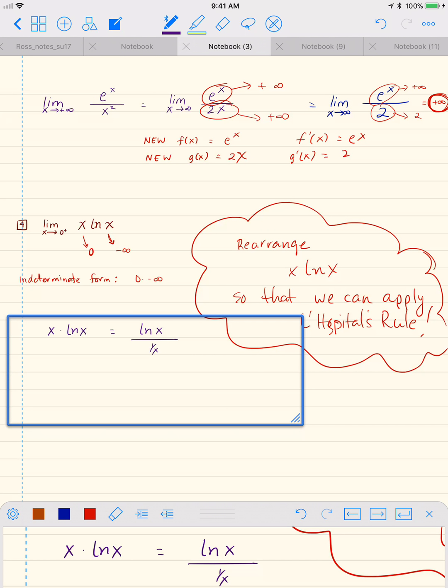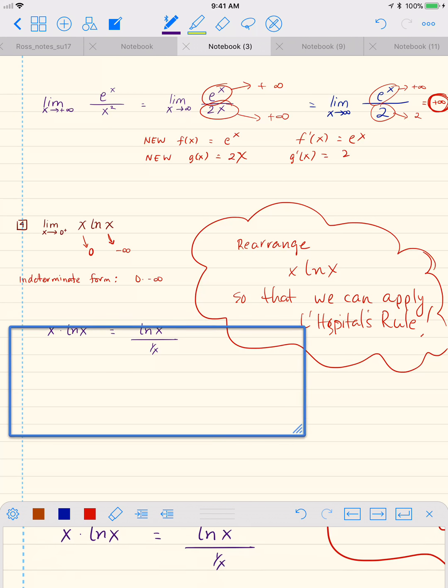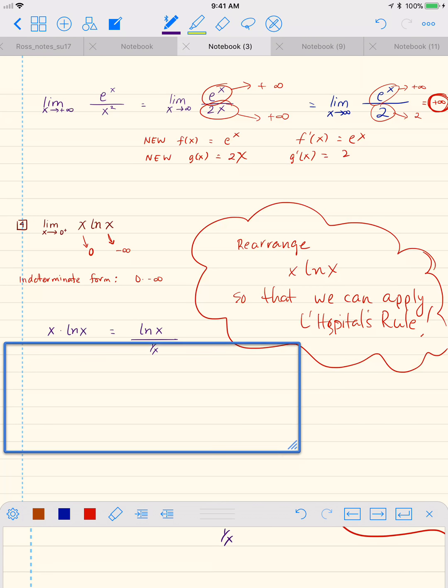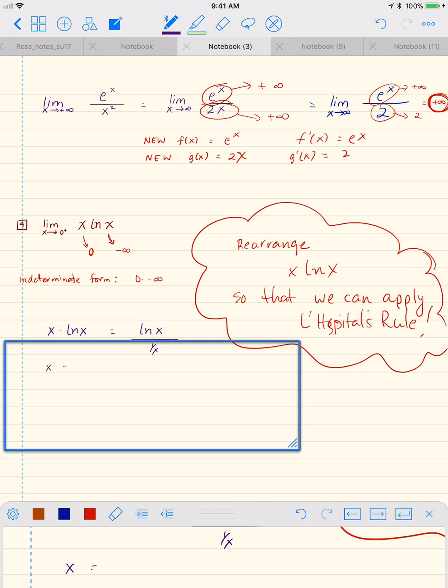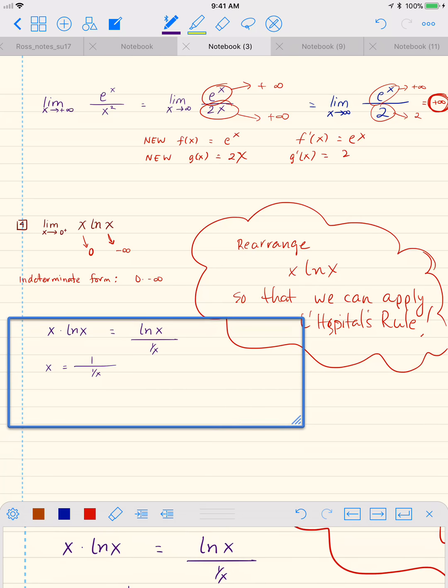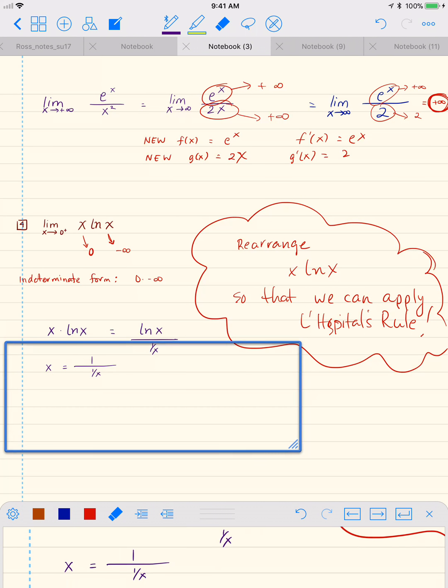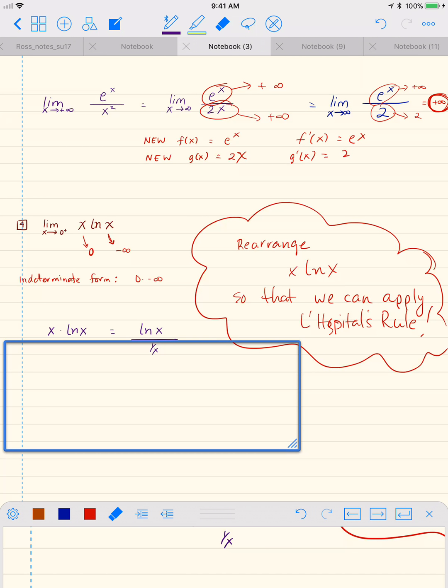So check right now and make sure you understand why x is equal to 1 over 1 over x. Okay? So make sure you understand why. So now it's just algebra. Verify it for yourself.